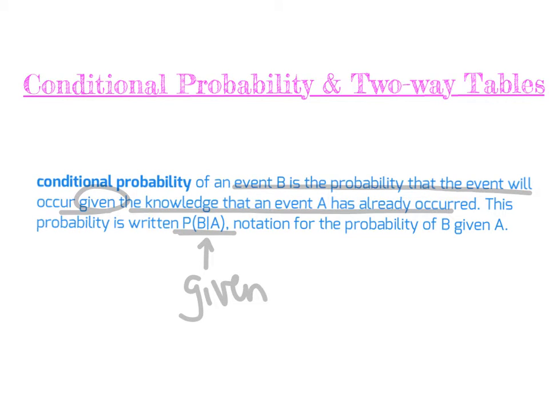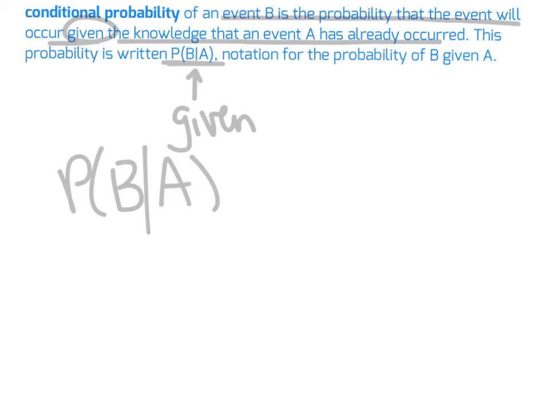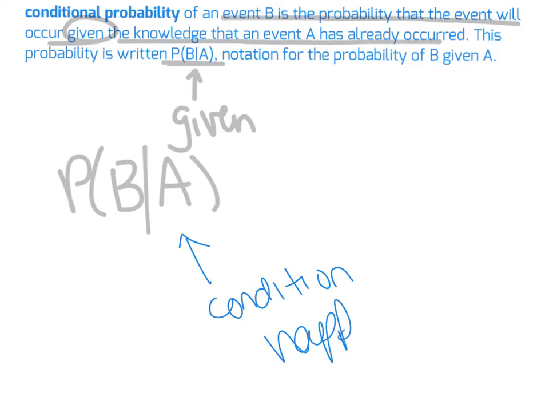So basically what's happening is that in this notation, A is the condition on the probability. It must happen first. What this means is that, say you want to compare different groups. Most commonly we compare females and males.